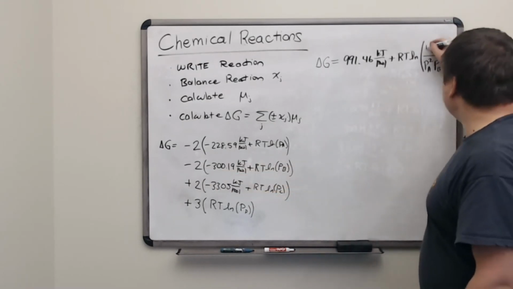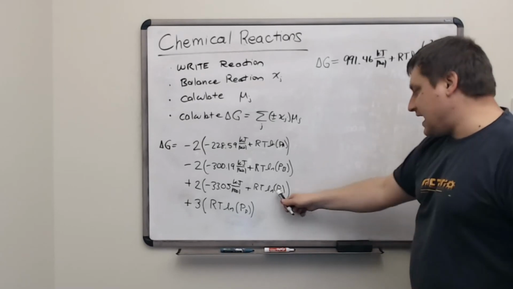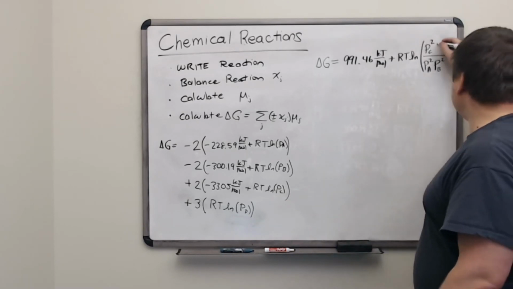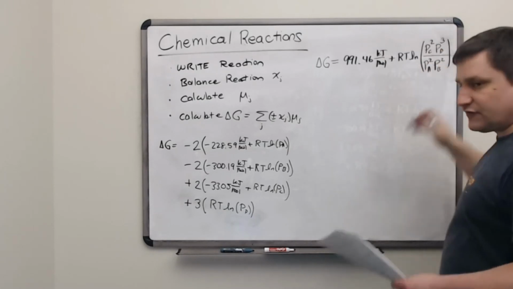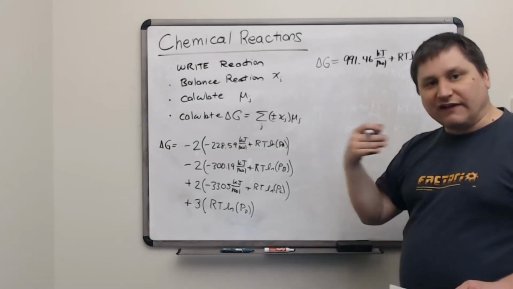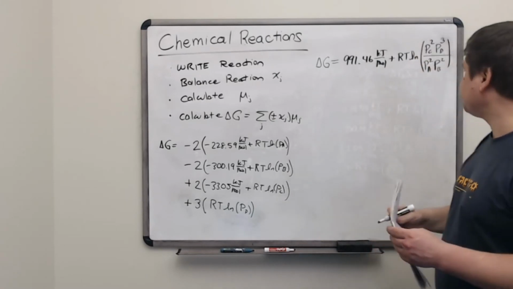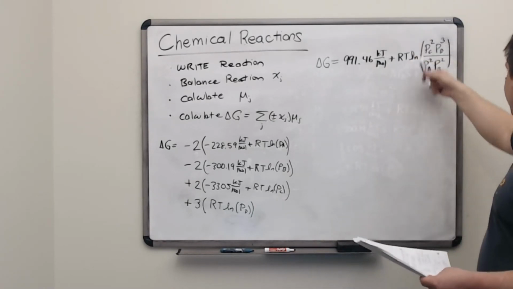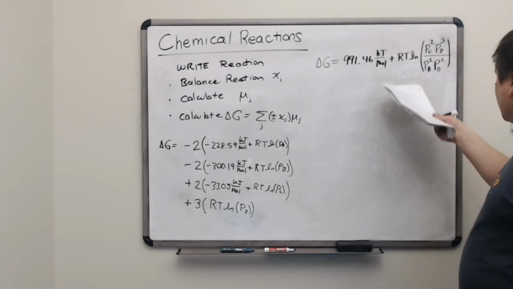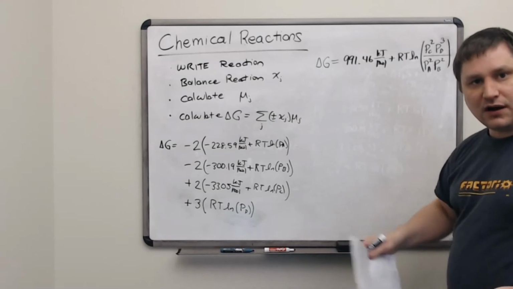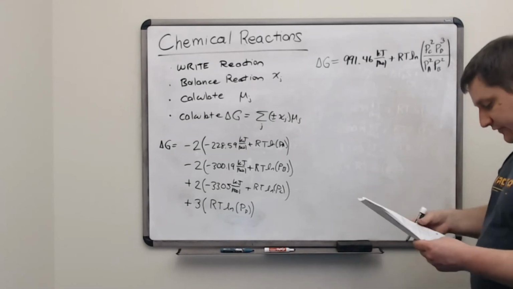From the third line, we get a PC squared on the top. And from the fourth line, we get a PD cubed on the top. And these pressures are all measured relative to standard pressure. So it doesn't matter that they don't line up in terms of units. A pressure value of 1 here would equal 1 atmosphere, or 1 bar, actually.